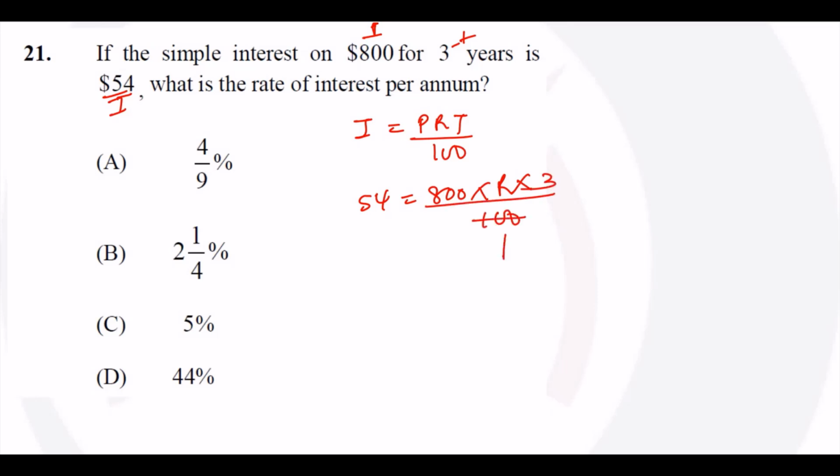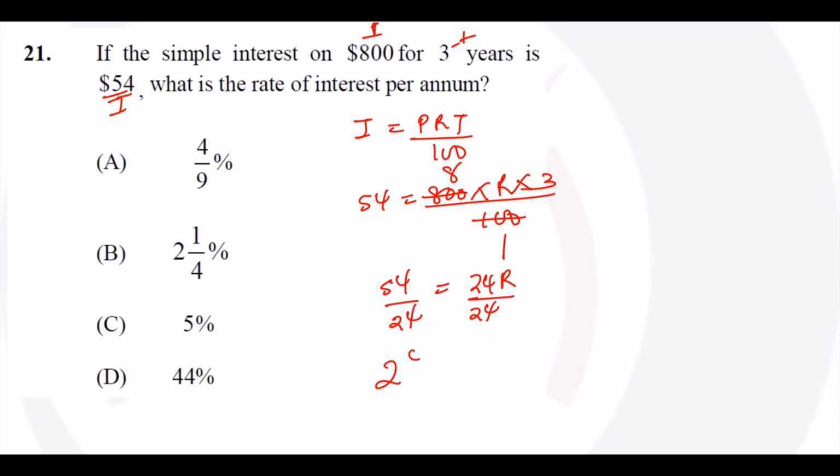So 100 into 800 goes 8 times. And 8 times 3 gives us 24R, and then 54. So we divide both sides by 24. So we know that 24 and 24 give us 48, 49, 50, 51, 52, 53, 54.